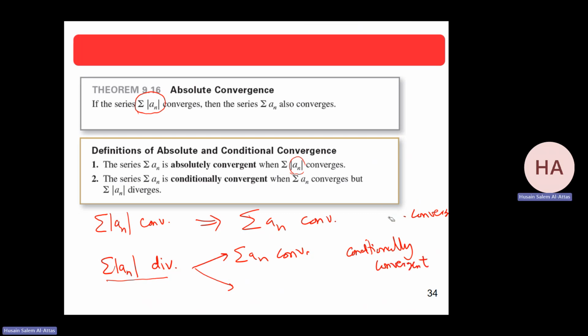This one they call absolutely convergent, and that is when the series of the absolute value of a_n converges. If it is divergent, then either the original series converges, conditionally convergent, or the original series diverges, and we say the series is divergent.